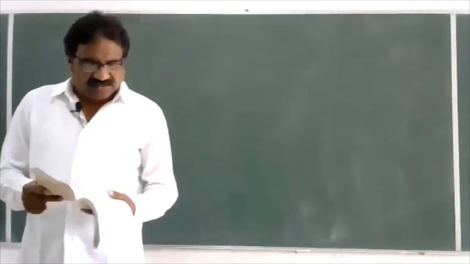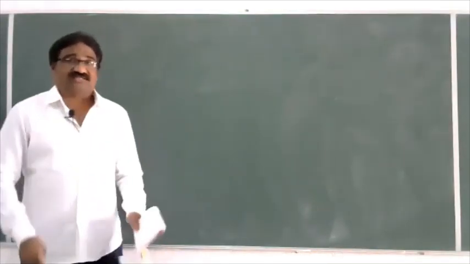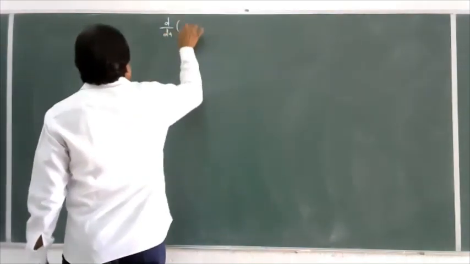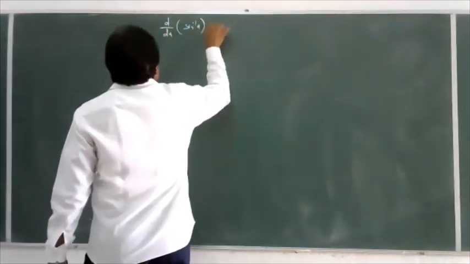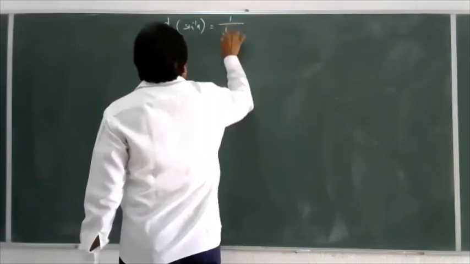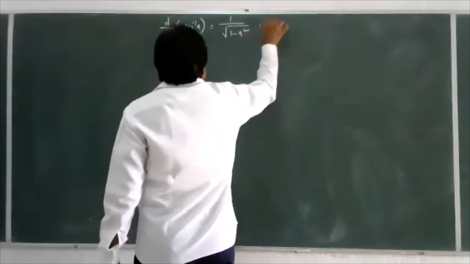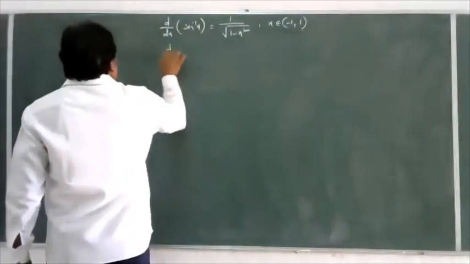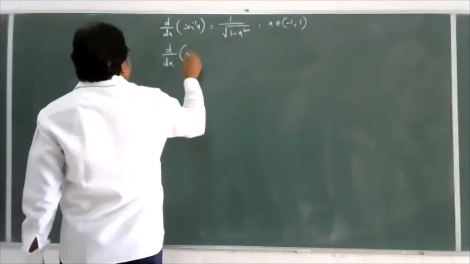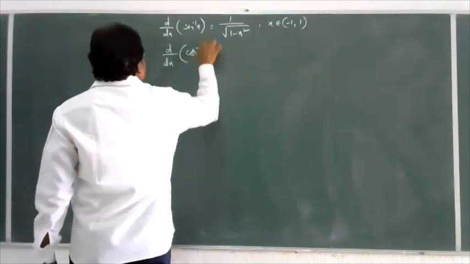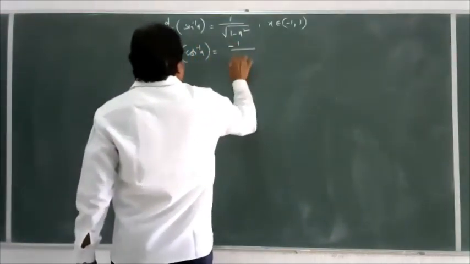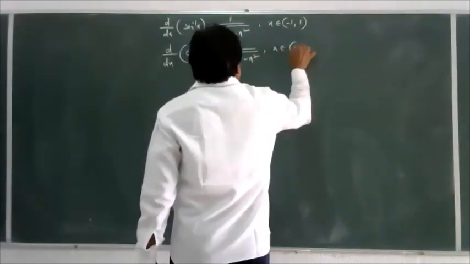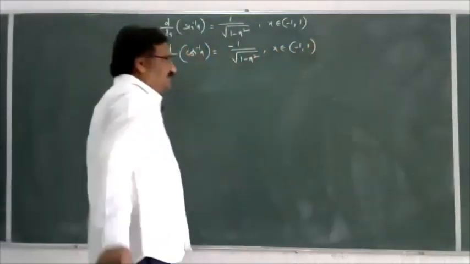Yesterday I gave two formulas: d/dx of sin inverse x is equal to 1 by root of 1 minus x square, where x belongs to the open interval (−1, 1). And d/dx of cos inverse x is equal to minus 1 by root of 1 minus x square, where x belongs to (−1, 1).